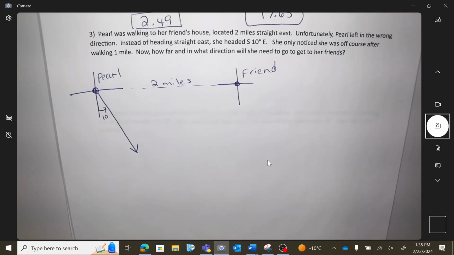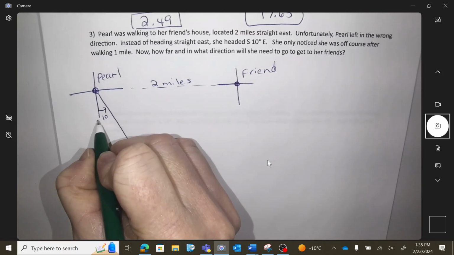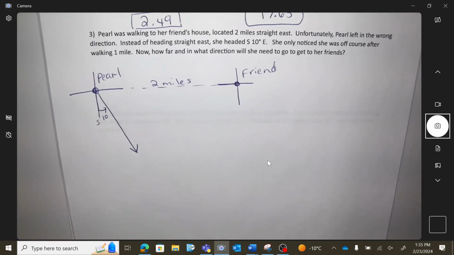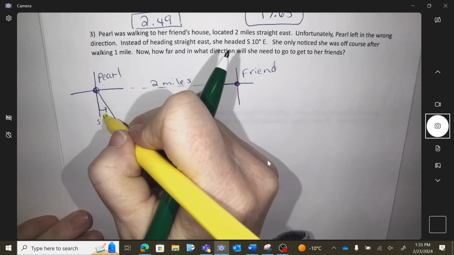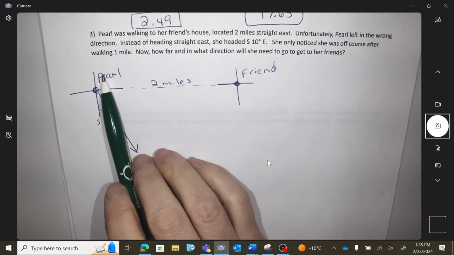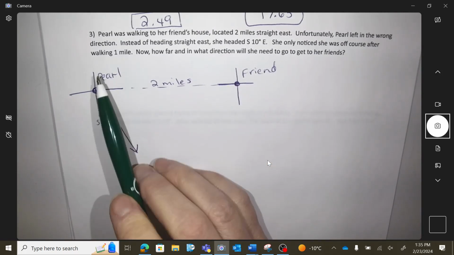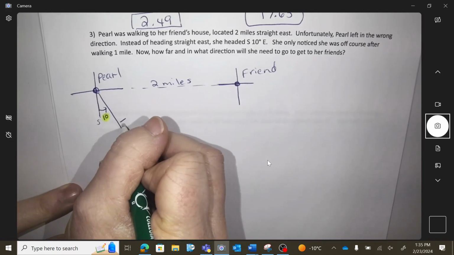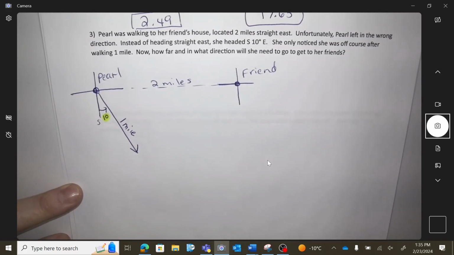Okay, how is our direction there? South, right? South and then 10 onto the east side. That's good. Okay. And she only noticed she was off course after she had walked a whole mile. So 1 mile noticed.